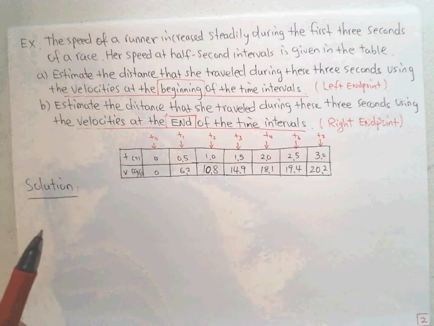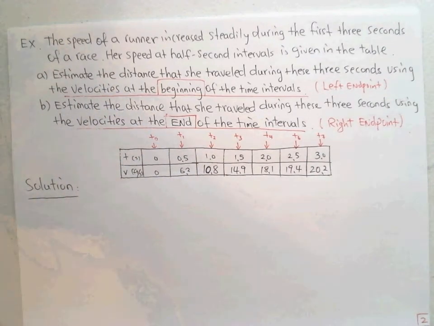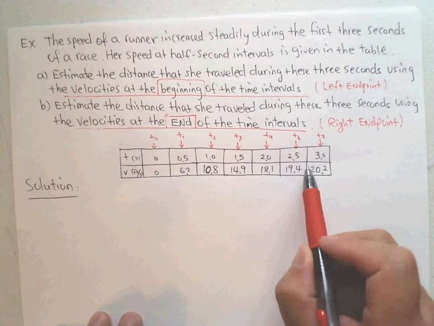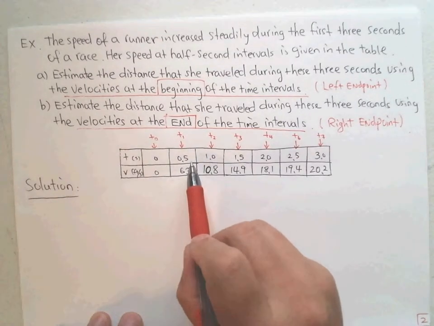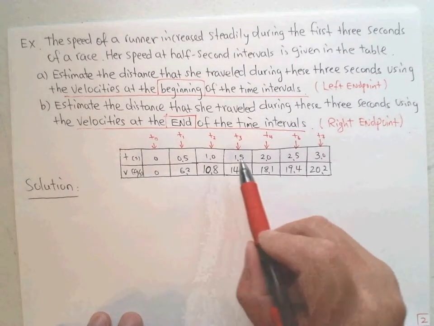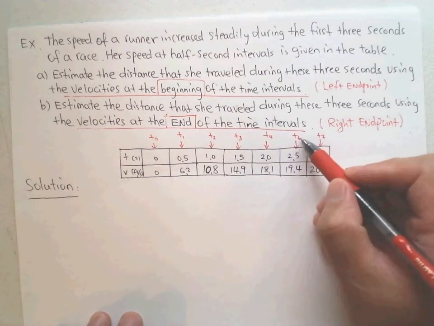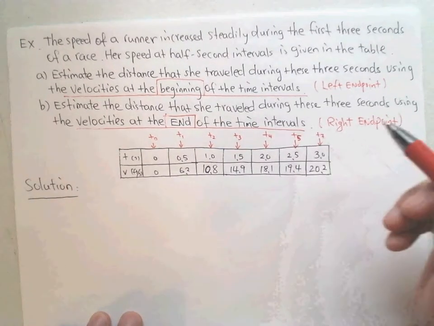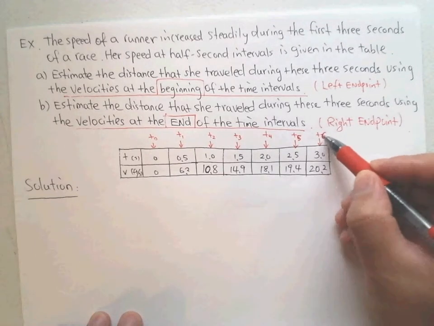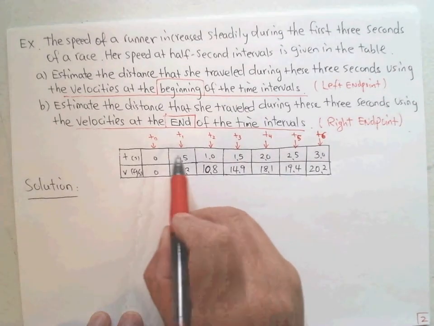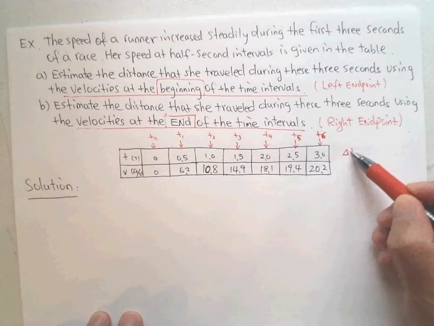So 2.5, T0, T1, T2, T3, and T4. I got it wrong. So here is T5, and here is T6, because I only have 3 seconds. Otherwise, it's wrong. And then we look at the increment.